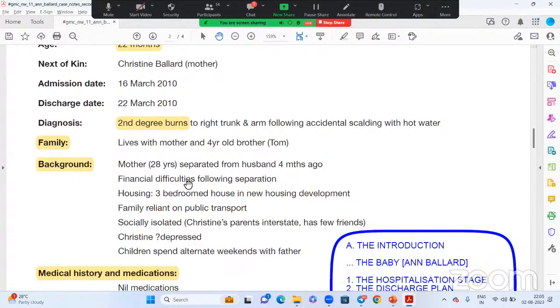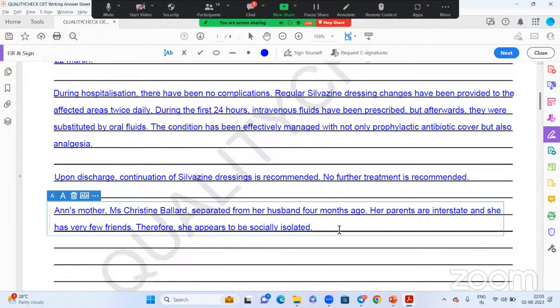Now let us see. Financial difficulties following separation. Financial difficulties following separation. Right. So try to understand that point there. Financial difficulties.